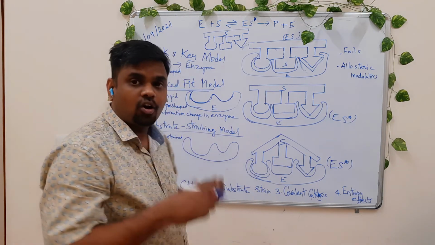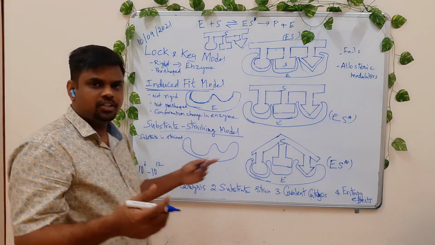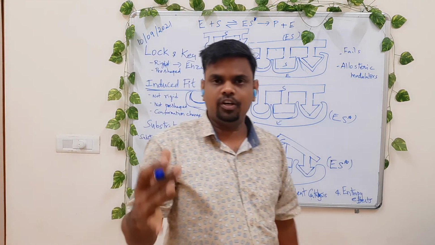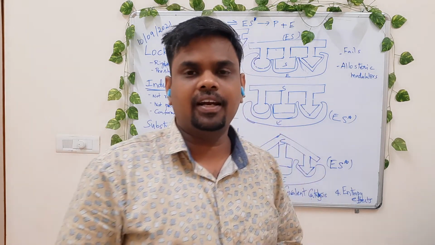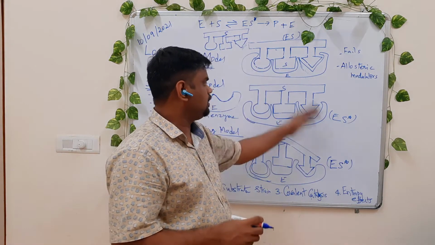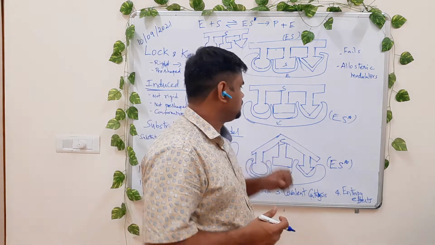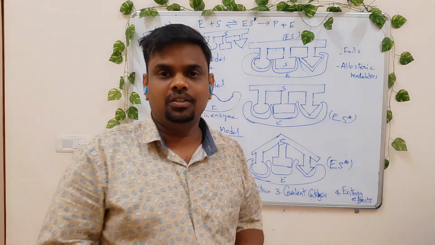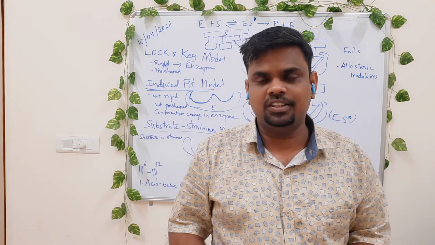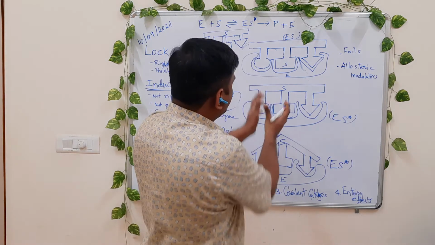So a combination of the induced fit model and the substrate straining model seems to fit most of the characteristics of an enzyme, because the formation of ES can be well explained by these adjustments. The enzyme is not so rigid and it adjusts, it's not pre-shaped, it is able to change its shape a little to accommodate the substrate.